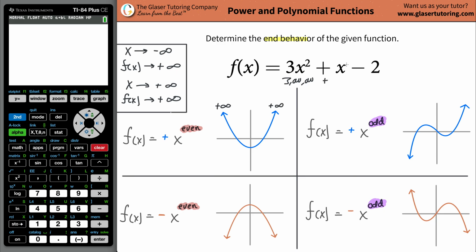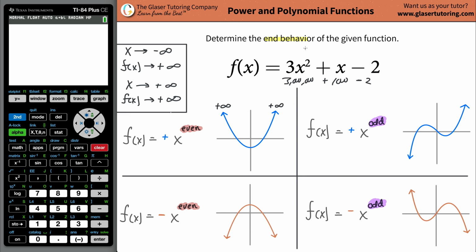Plus then, this is 1,000, minus 2. Do you see how this answer is so close to still 3 million? Obviously, it's not 3 million, but it's really, really close to 3 million. As x continually gets larger and larger, this term will dominate the overall value of the function. That's why I'm only focusing on the leading term.